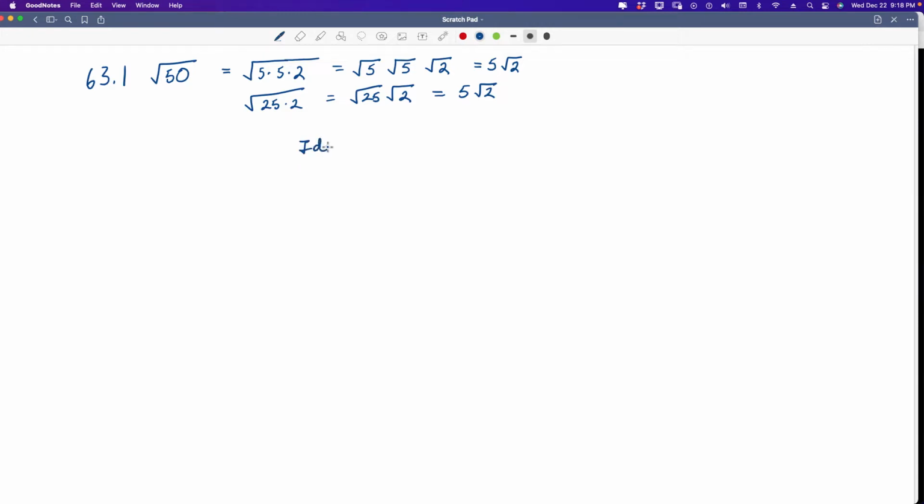Identical square roots multiplied against each other, or multiplied by each other, equals the whole number in the radical.